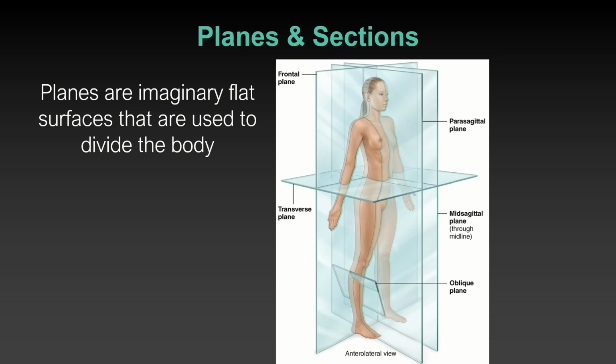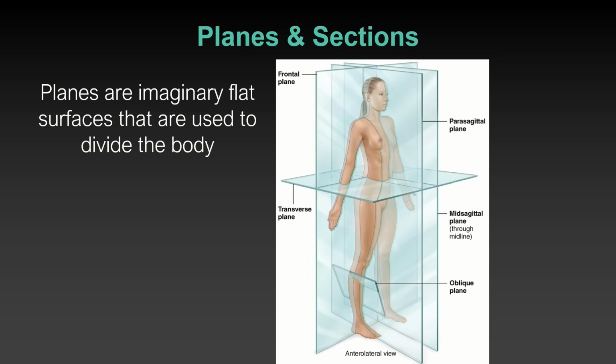So planes and sections are really useful ways that in a two-dimensional textbook, for instance, we can look at organs that are deep to the skin and then describe our way around those organs or those features. So plane and or section are an imaginary slice through the body. It divides the body generally in two, and then we look at the surface face on.